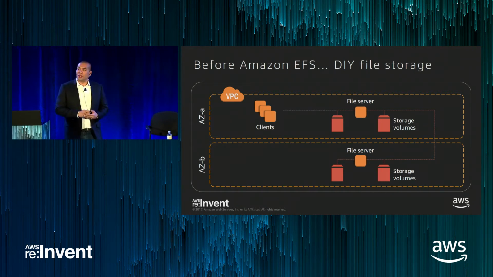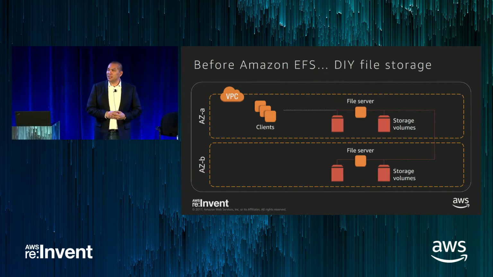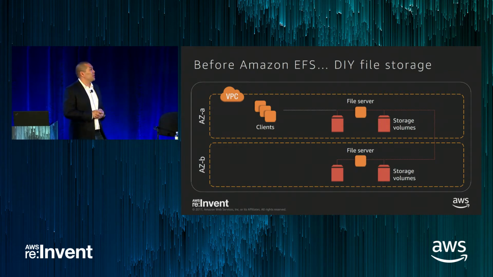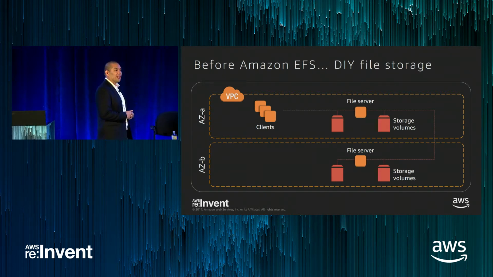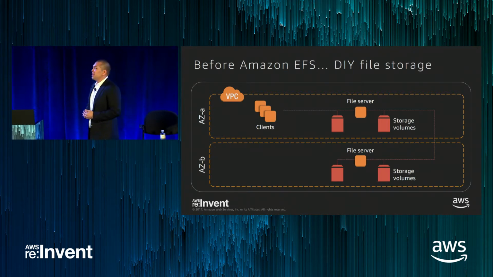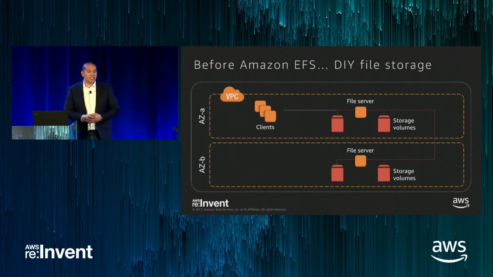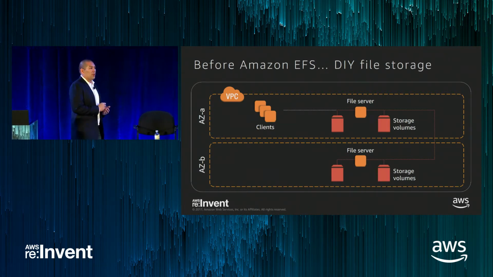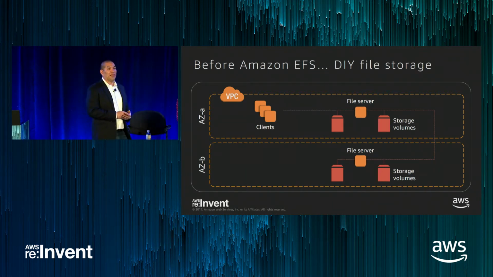You'd have a file server running on an Amazon EC2 instance, and you'd have storage volumes attached to those instances. Data would be replicated synchronously or asynchronously across those availability zones, but you would be responsible for managing the file servers, managing the disks, replicating your data, and managing that failover.